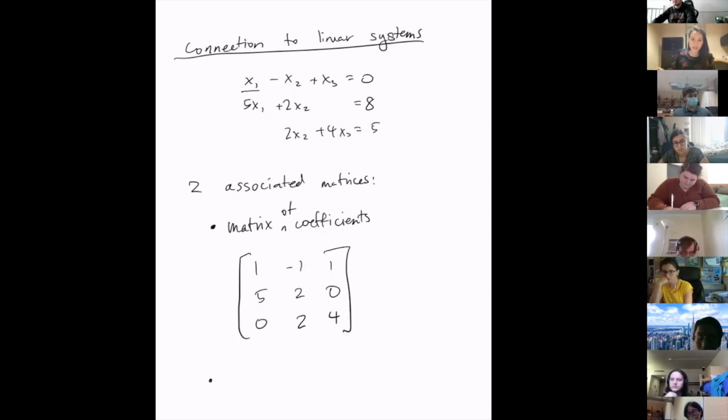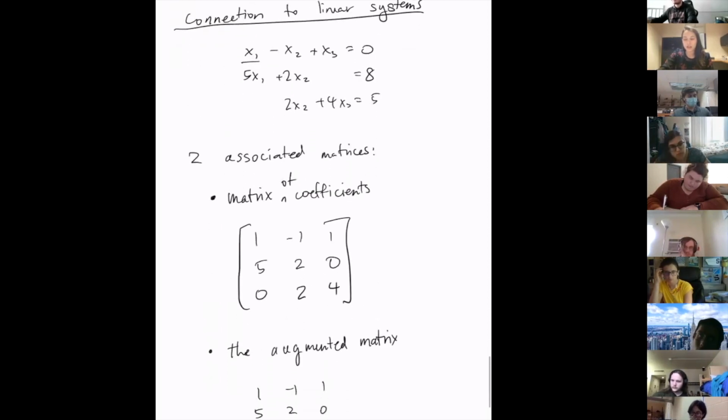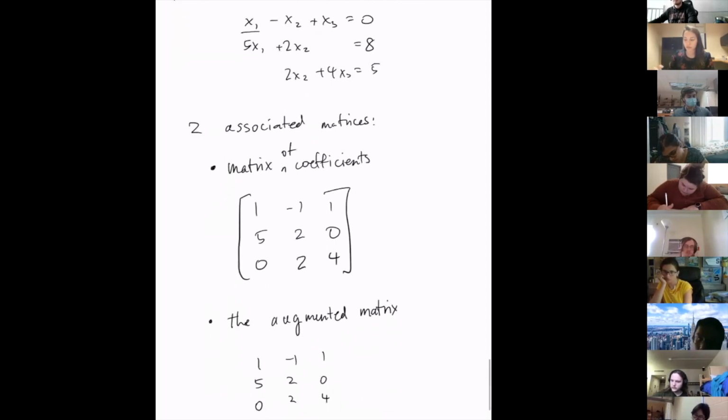And then the second associated matrix is called the augmented matrix. This is basically our matrix of coefficients, and then we also have these other constants that are on the right-hand side of these equations, right? So we're just going to add those on as another column.